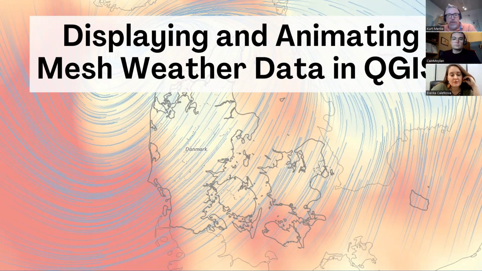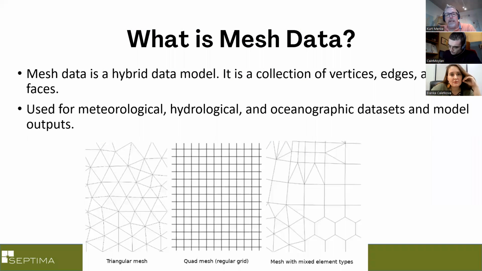So I think it's important to cover, and it's basically, again, a collection of vertices. If you ever worked in the Esri environment, you may have heard of TIN data sets, triangulated irregular networks, which are basically mesh data. So the structure can be a regular grid or triangles or irregular geometries.